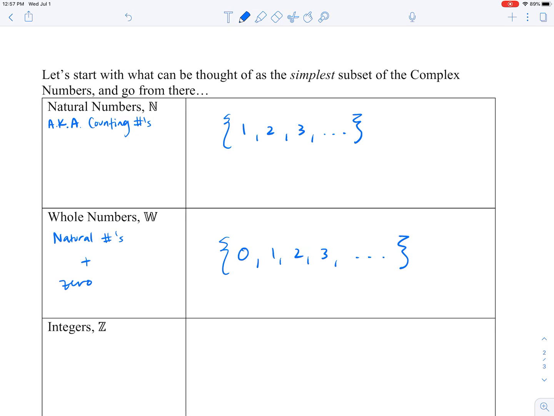Now, here's a great example of where we need to be careful. We would think, okay, since the whole numbers include 0 and the natural numbers don't, that must mean that the whole numbers are a larger set than the natural numbers, especially since the natural numbers are a subset of the whole numbers. That's not correct, though. Remember, there are infinitely many natural numbers. There are also infinitely many whole numbers.